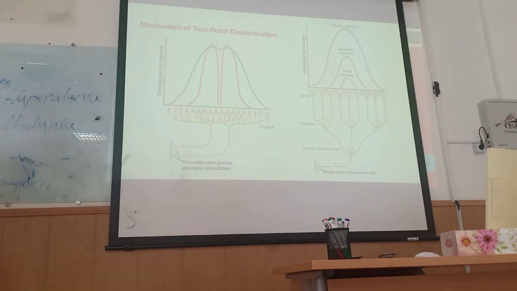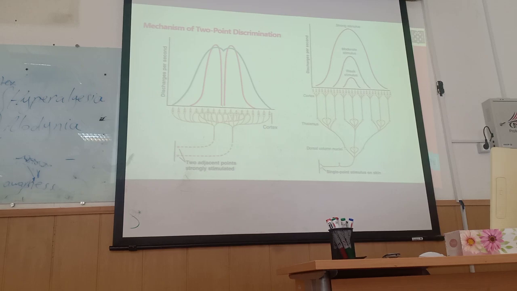So, with only 1 point of stimulation in the skin, several neurons are activated in the cortex, and the number of these neurons depends on the intensity of the stimulation. When the intensity increases, more neurons are active. And the activity itself is also dependent on the intensity of the stimulation.